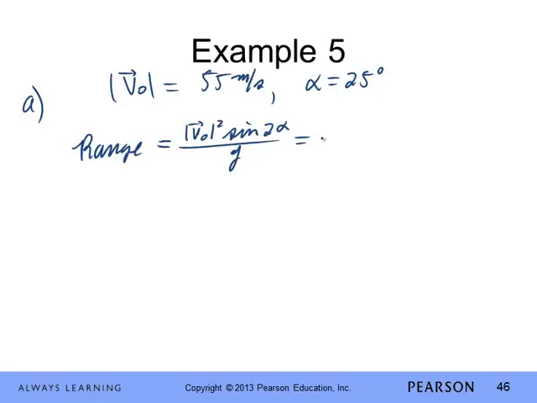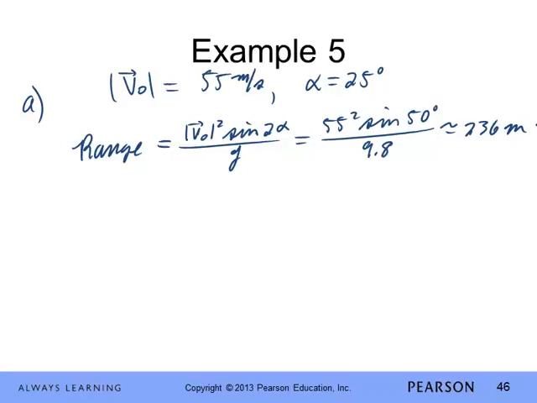Now initial speed is 55, so we'll just plug in 55 squared times the sine of 2 times 25, which is 50 degrees, divided by, and because we're dealing with meters per second, we'll use 9.8 meters per second squared as our acceleration due to gravity. So you plug that in, and you're left with about 236 meters as the range of flight for the ball.